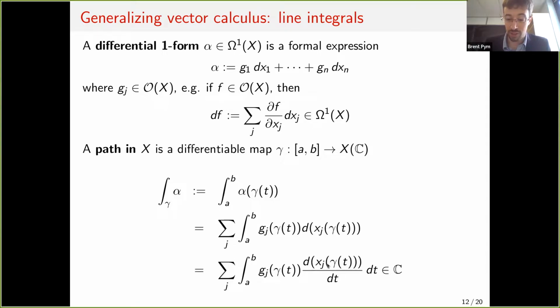And d of x_j of gamma of t, dt, that's just some function of t again. So at the end of the day, what I get is actually just a function of t defined on the interval from a to b, which I can integrate. And this defines a number. So this is basically defining the thing so that the change of variables formula for integrals is correct. So if you've seen line integrals in vector calculus, this will hopefully look familiar.